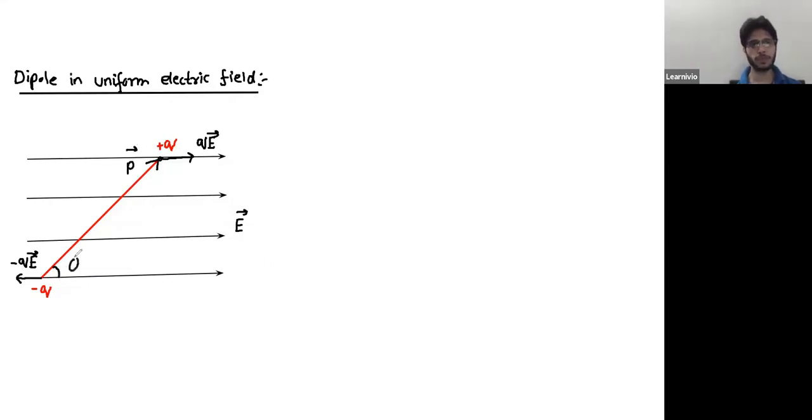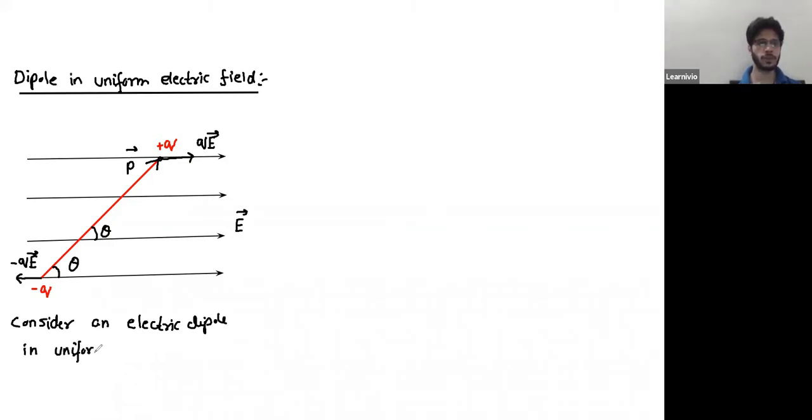The angle between dipole moment and electric field is theta. So consider an electric dipole in uniform electric field.